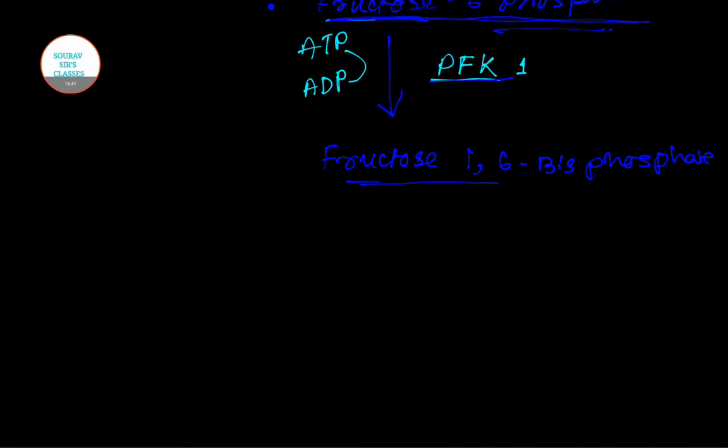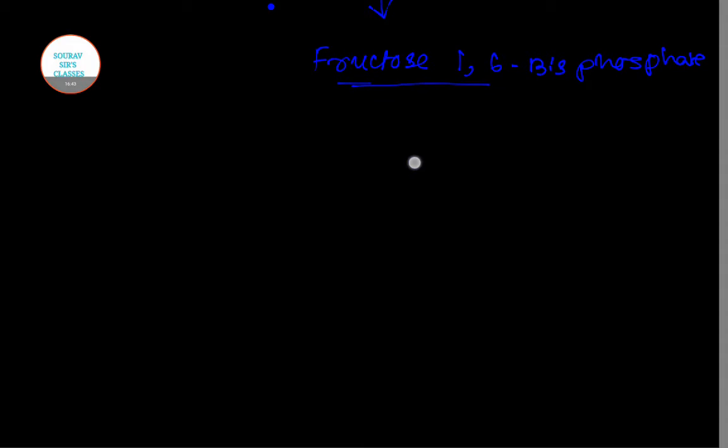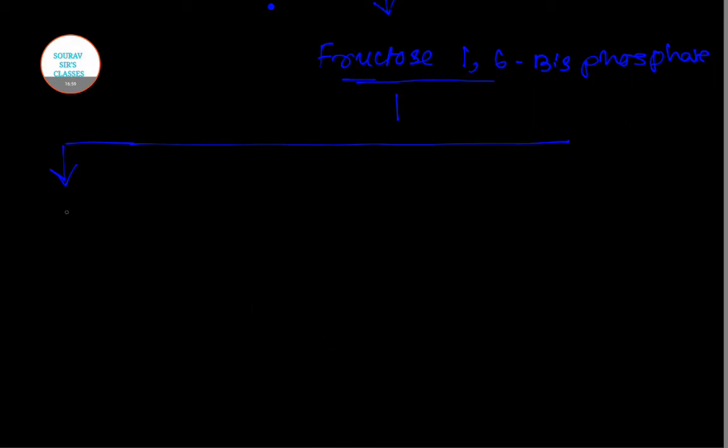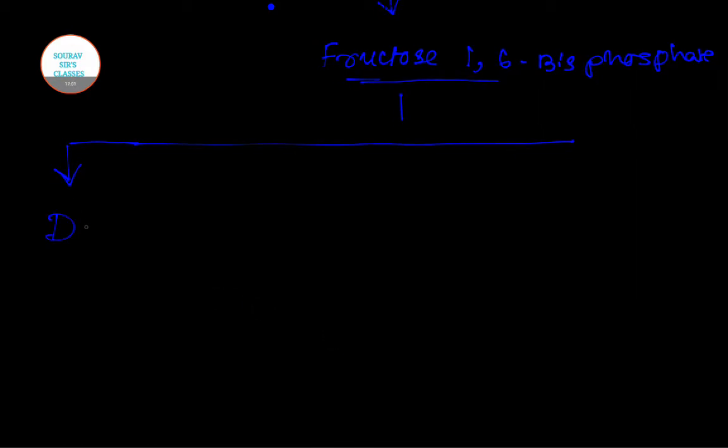Now after fructose 1,6-bisphosphate, there are two products forming. First is dihydroxyacetone phosphate, or DHAP.